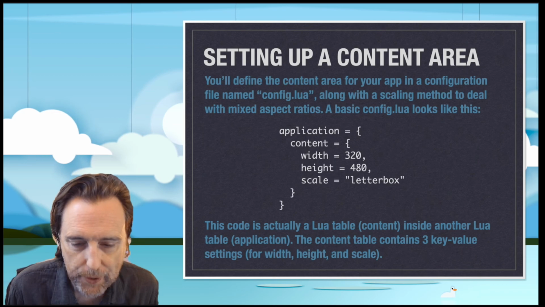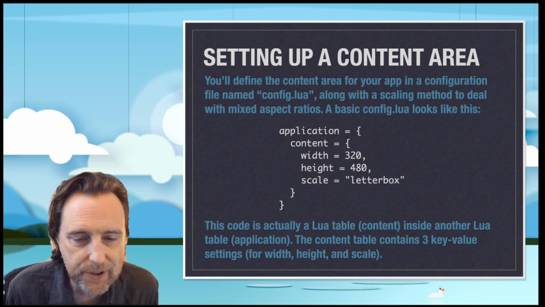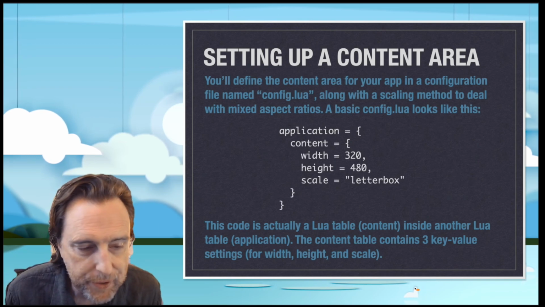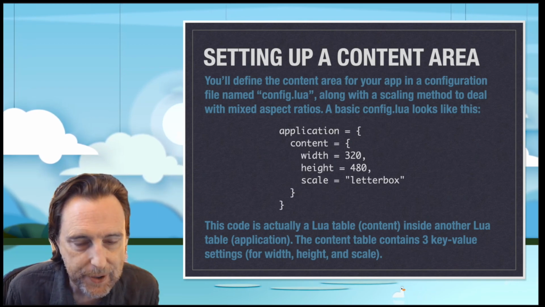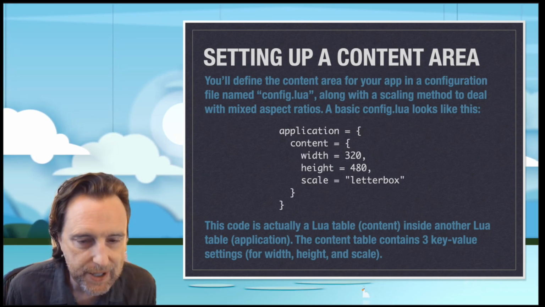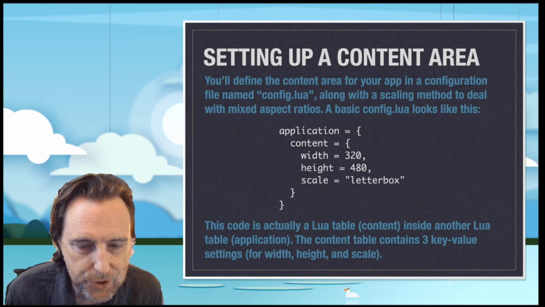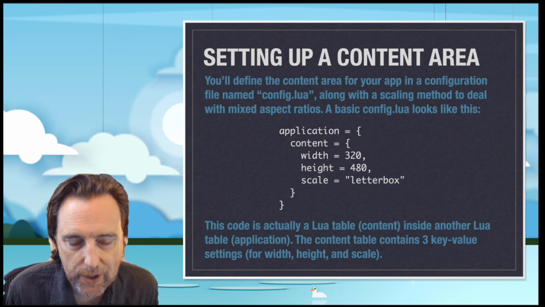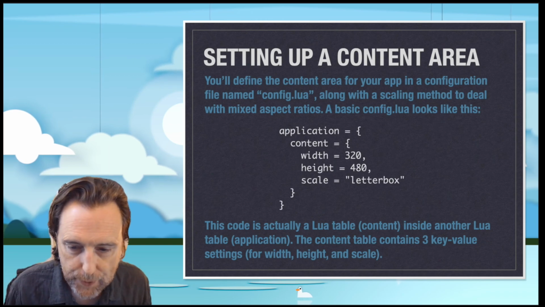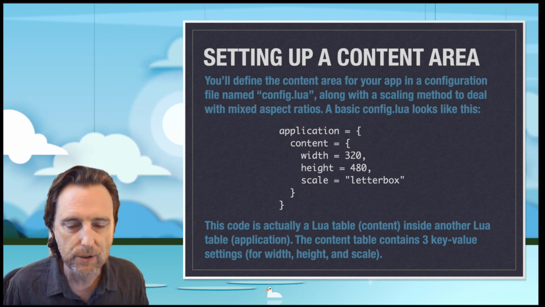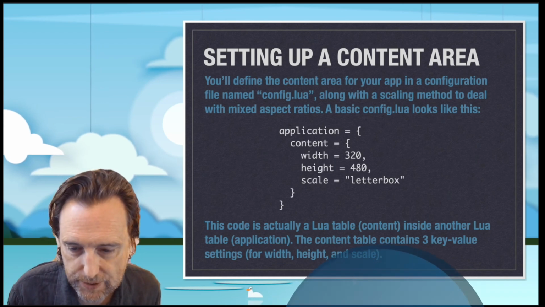As an example, if I wanted to put something in the center of my device with a content width of 320 pixels, then I know that the center pixel is at 160 over. Likewise, the vertical center is 240 pixels down from the top. So all I do is write the code for that virtual content area, and then Corona will take care of the rest, more or less.